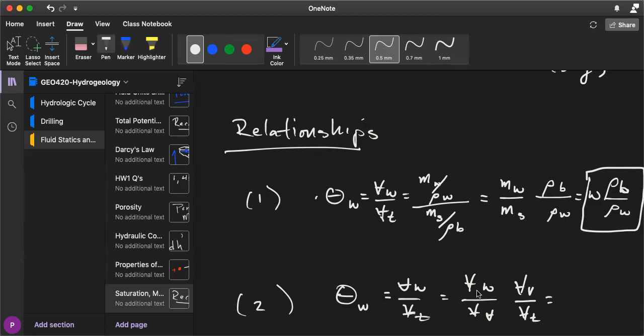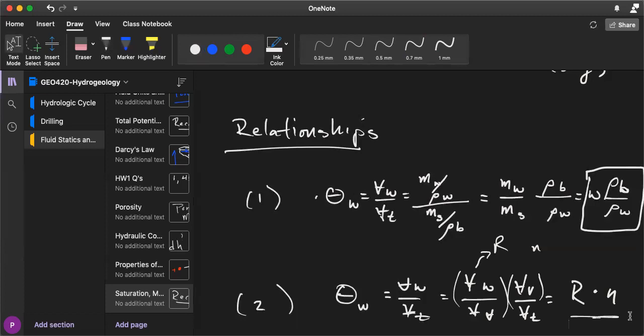And this guy is the saturation, and this guy is the porosity. So the volumetric water content is equal to the saturation times the porosity. When you read the literature, people often are going to report saturations. If you need the volumetric water content, then you've got to know the porosity. And it's easy to convert between the two.